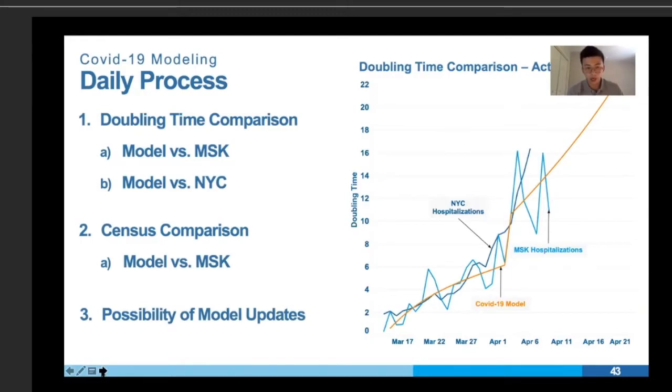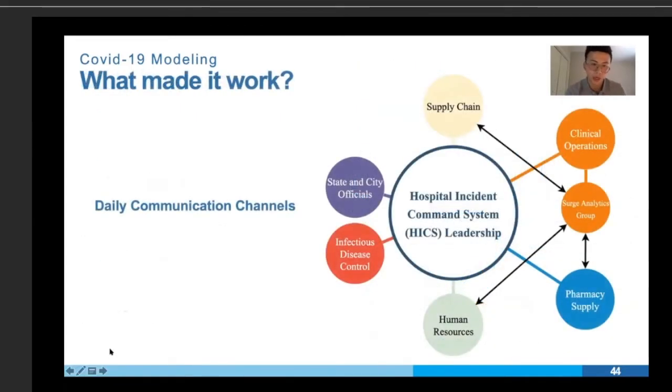If we observe that we are off track on either doubling time or census for a period of time, we will see if there is a possibility that we can make some changes to the model on either doubling time or the length of stay. So next, I will hand over to Dan. He will talk more about how we collaborate with other groups based on this model.